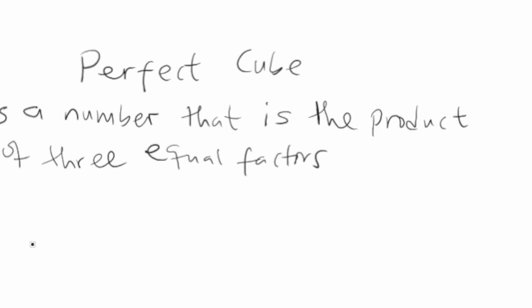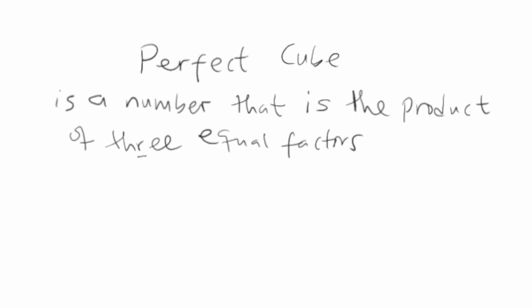So like a perfect square would be a number that is a product of 2 equal factors, and a perfect cube is 3 equal factors. So the only difference is 2 and then 3. Everything is the same. An example is, let's say the number 64 is a perfect cube. We're going to get 4 times 4 times 4, which is 4 cubed.